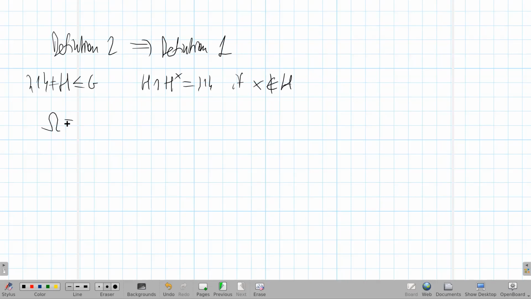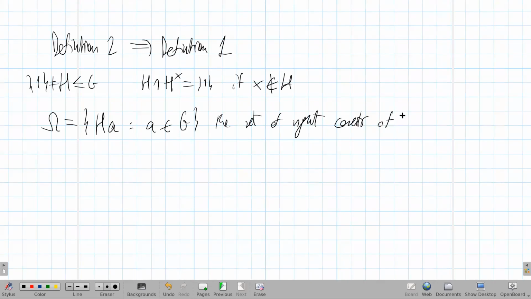So our omega will be the set of right cosets of H in G.